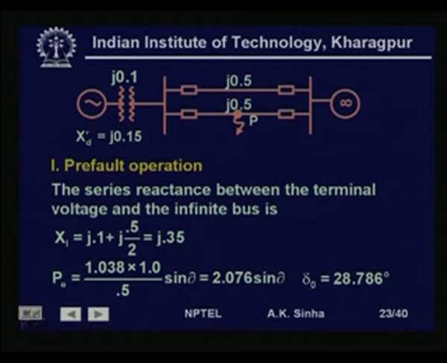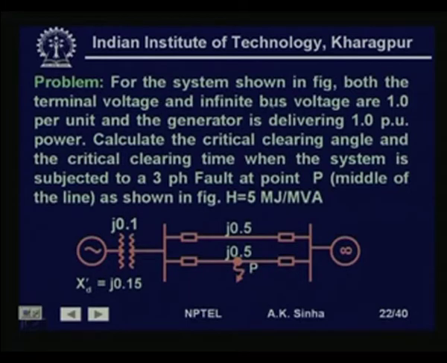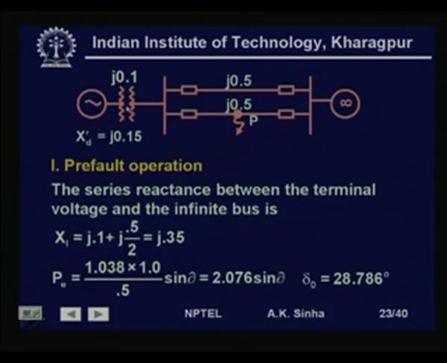So, for pre-fault operation, what we have been given here is that the terminal voltage and infinite bus voltage are 1 per unit, that is the voltage at this point is given as 1 per unit. The voltage behind transient reactance we do not know, so we need to find that out.